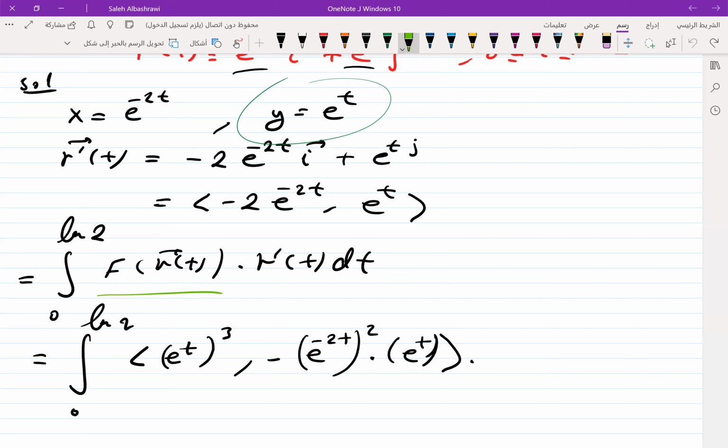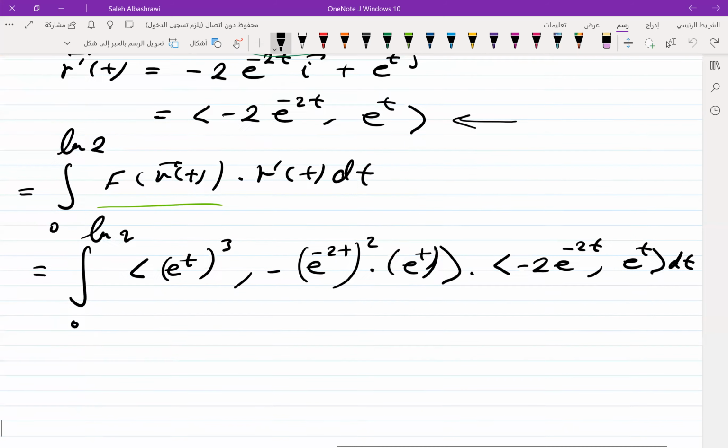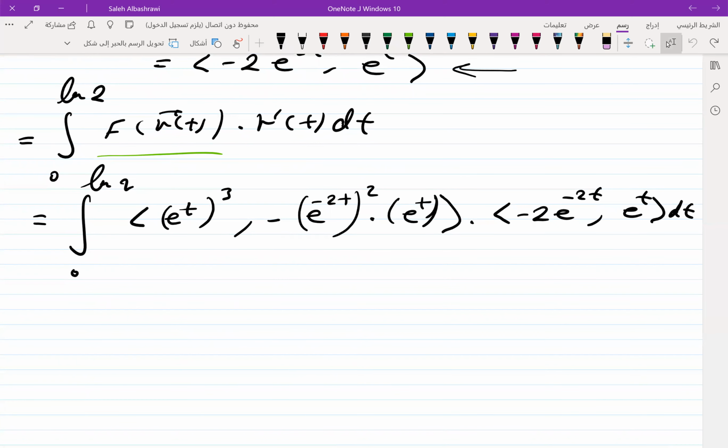Now, dot product with the derivative function, which is minus 2 e to power minus 2t and e to power t dt. Now apply the dot product.